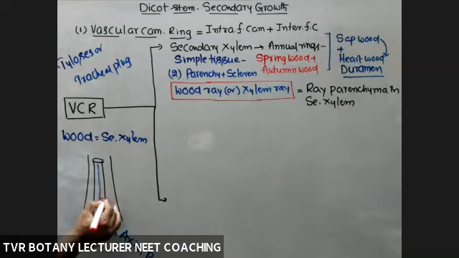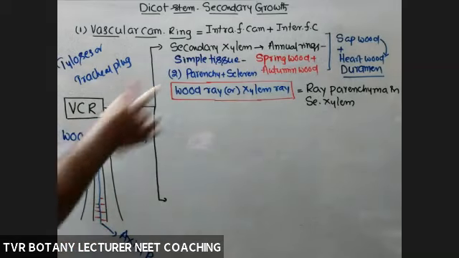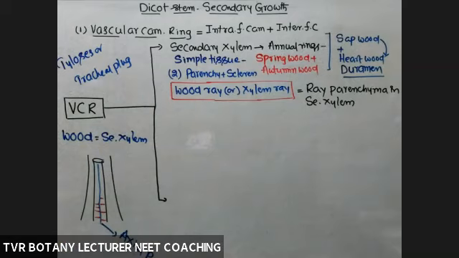Once the thickness is increased, what about the other type of parenchyma produced? That is ray parenchyma, radially arranged from center towards periphery. Ray parenchyma is produced during the formation of secondary xylem and secondary phloem only, so it is present in a stem after secondary growth.